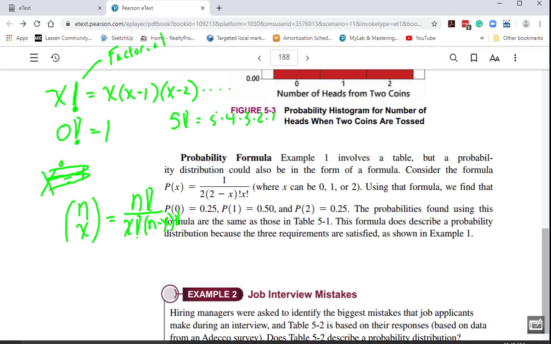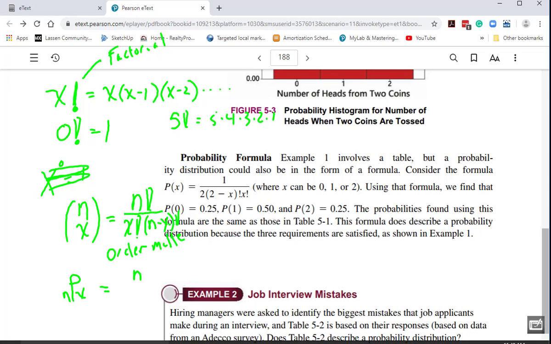This is the combination rule. Then there's this one, where order matters, and it's called the permutation rule of n choose x. That is equal to this.